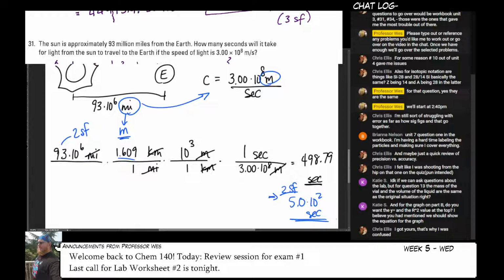Because you can't just say 500 here, because 500 is only 1 sig fig. That would not be enough precision. So yeah, almost 500 seconds for a photon of light to go from the surface of the sun to here.